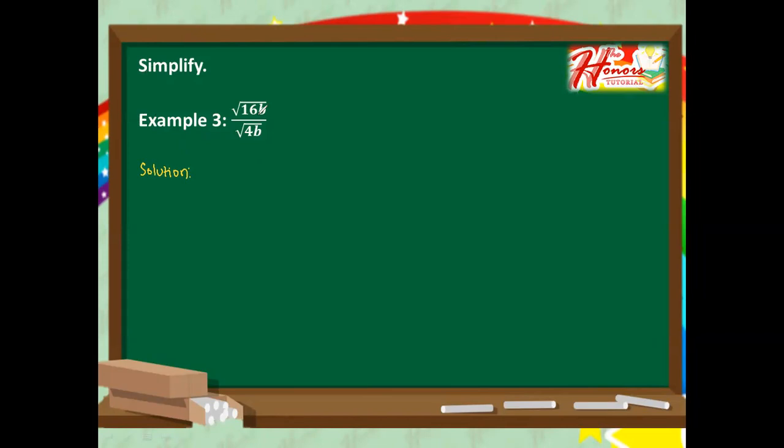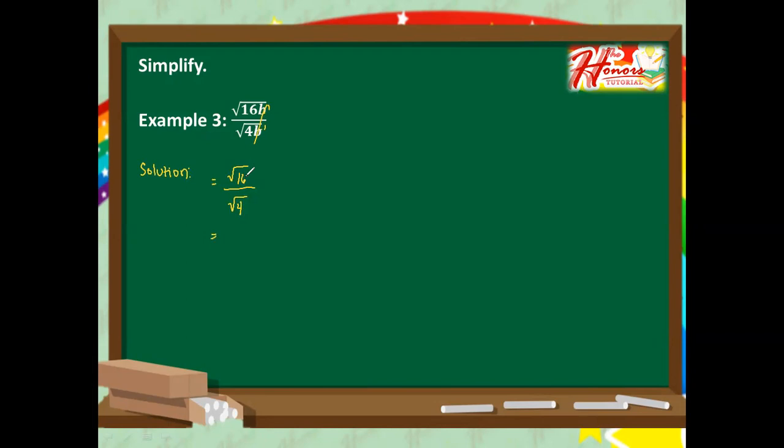So for this part, since they have the same index, we can just simply subtract b and b because we are dividing. So they have the exponent of 1. 1 minus 1 is 0, so cancel this. So now we have here square root of 16 over square root of 4.